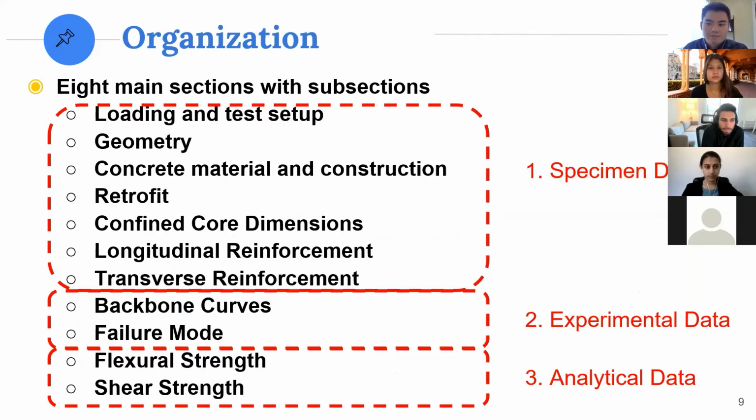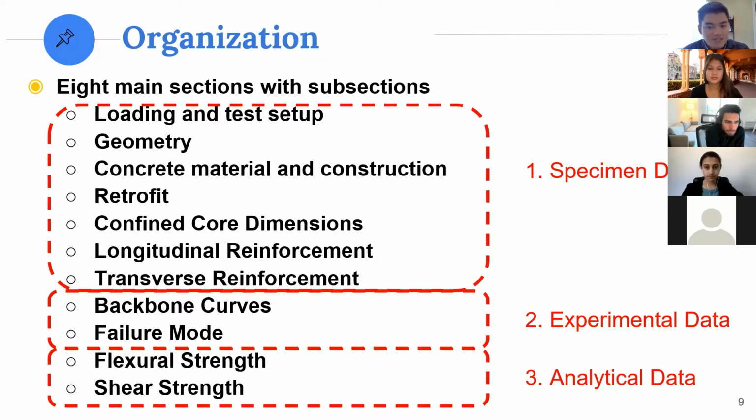And here are the three main categories of data that we collect and compute: specimen data, experimental data, and analytical data.